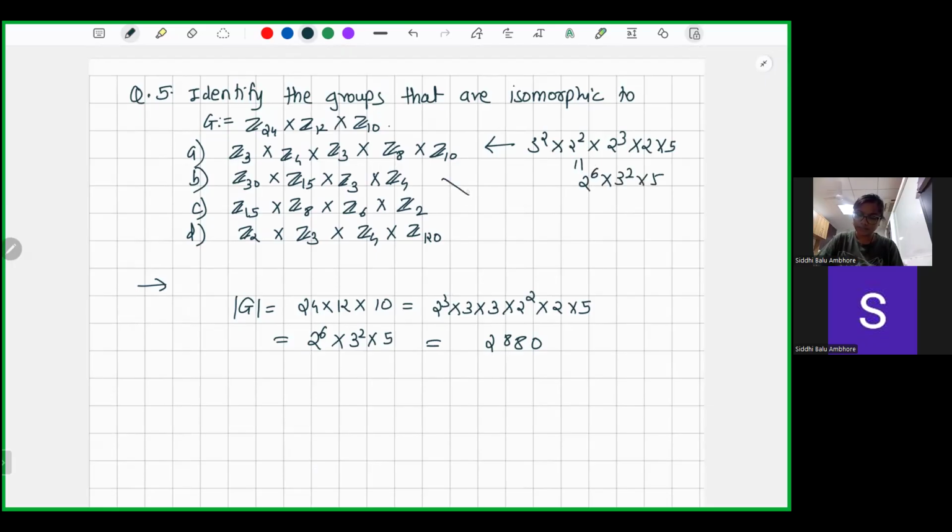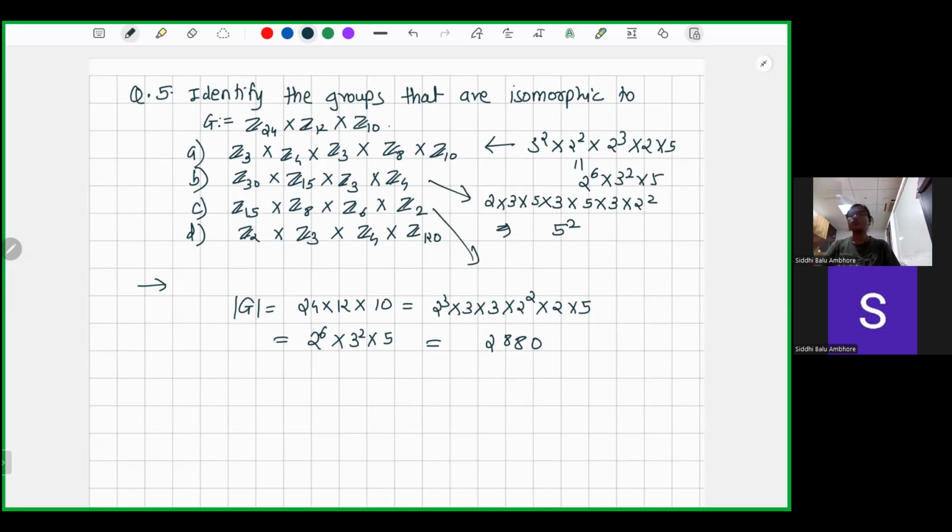Here this is 2 into 3 into 5 into 3 into 5 into 3 into 2 square. That is, I have 5 square here. So this will not have order same to this.